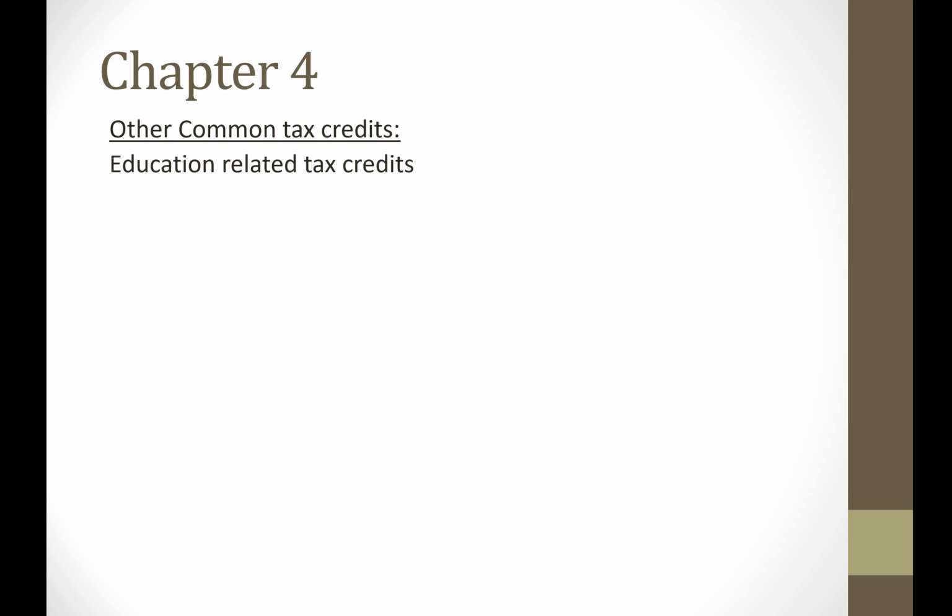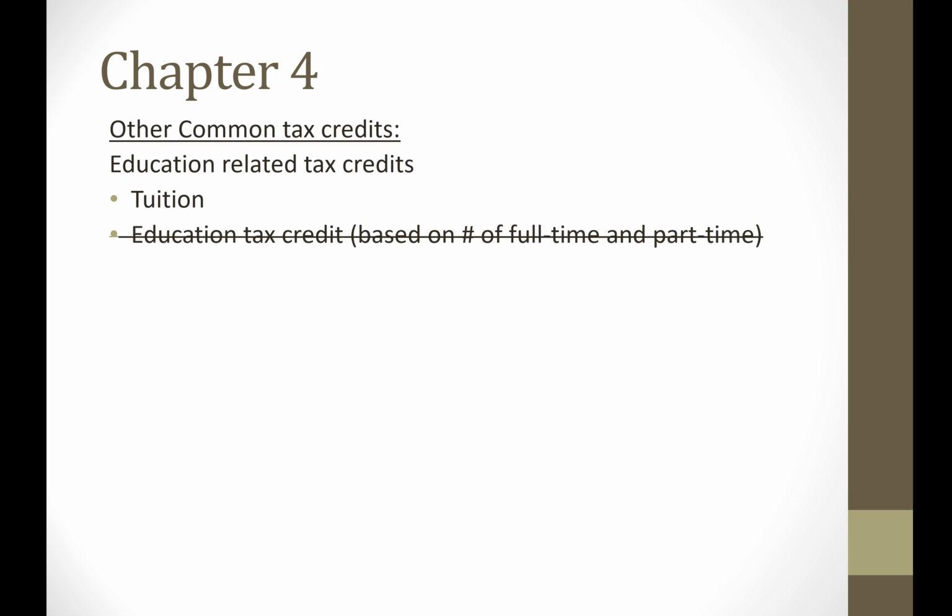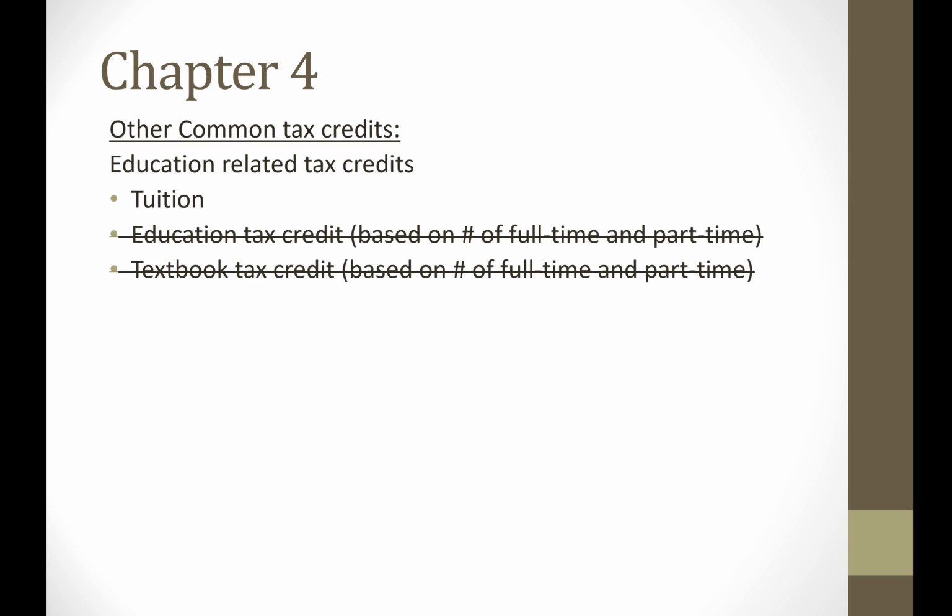Education-related tax credits. Now this applies if the taxpayer goes to a qualified post-secondary education institution and they pay tuition. And so once again, that tuition amount qualifies as a tax credit, multiplied once again by the 15%. Now, prior to 2017, there were other tax credits that were available with respect to education.